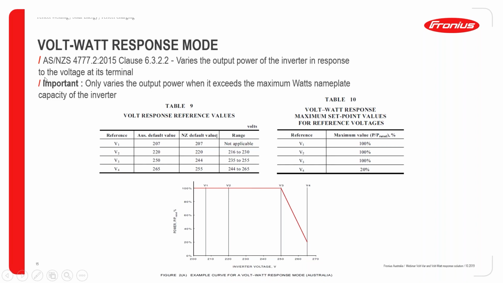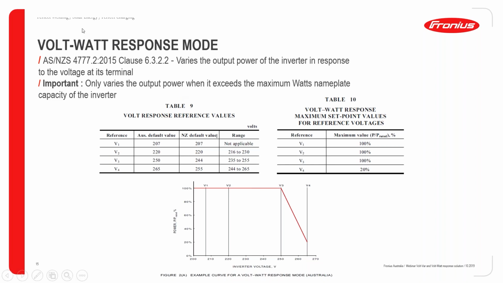Please note, this is an important note. There is a bit of confusion about when this response mode is considered. It's only considered when the inverter is trying to produce its full watt capacity.